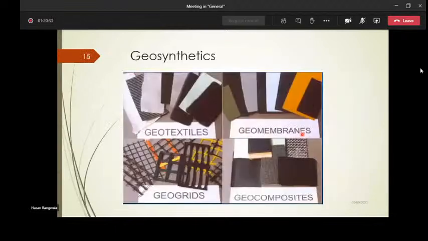What are the different types of reinforcement used in this? You have your textiles, your membrane, your grid, and your composite. There are different applications. Your textiles and your grid would solely increase the strength.